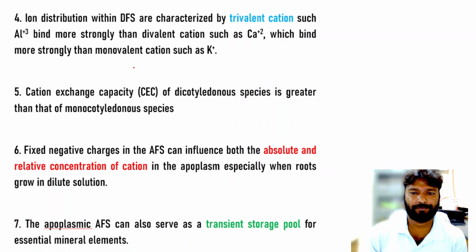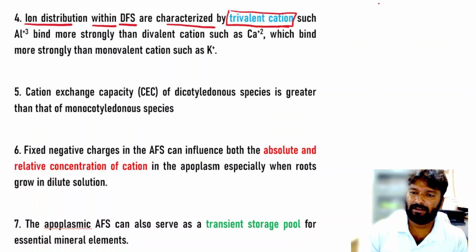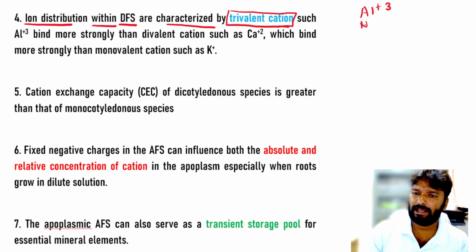The next point is that ion distribution within the Donnan free space is characterized by trivalent cations. Friends, you know that different elements have different charges: aluminum has +3, sodium has +1, calcium and magnesium have +2.